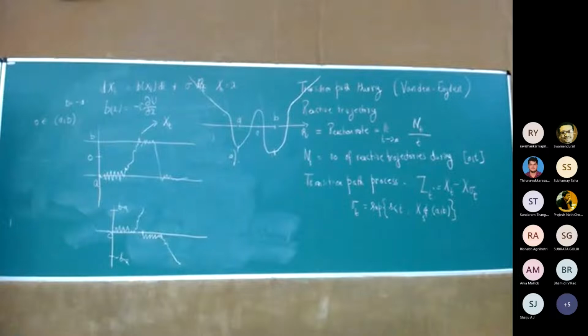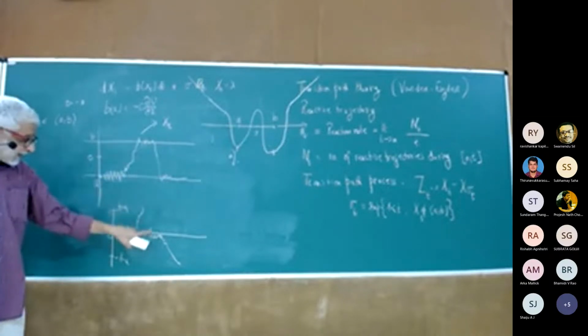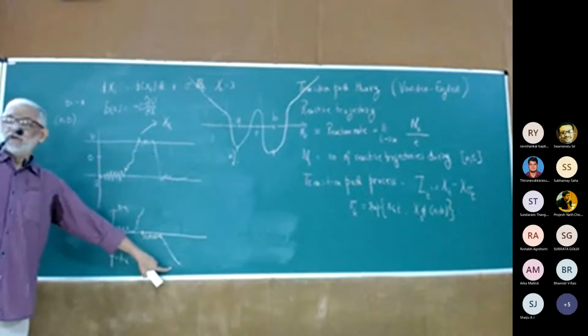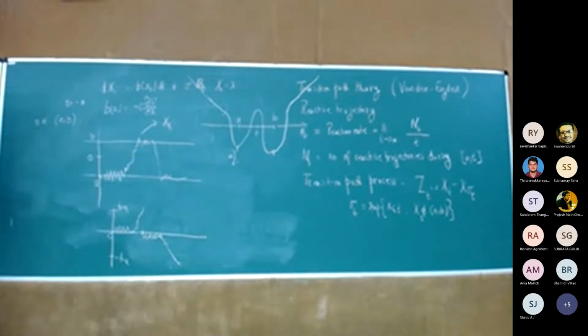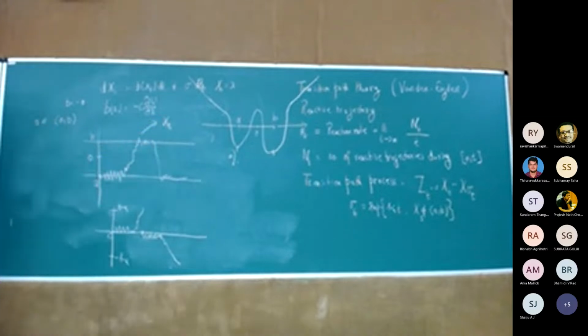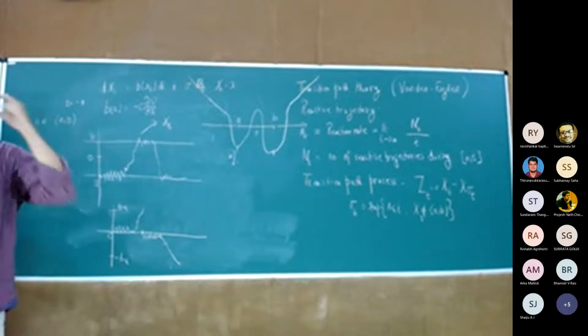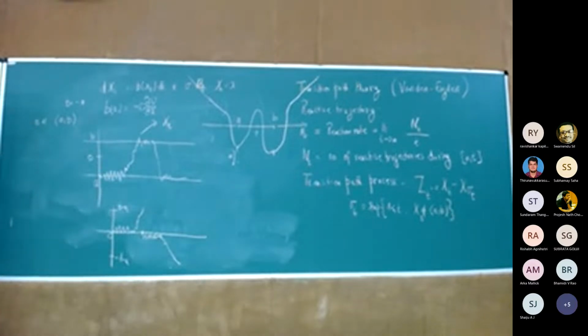So ZT lives between minus B minus A and plus B minus A, and it jumps from B minus A to 0 when XT goes from A to B, and it jumps from 0 to minus B minus A when XT makes a down crossing from B to A. So it keeps tracking the crossings of X, but in the interval minus B minus A to plus B minus A. So this is the transition path process that we use.